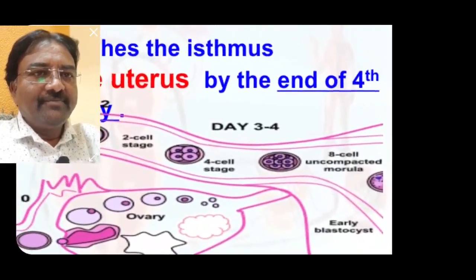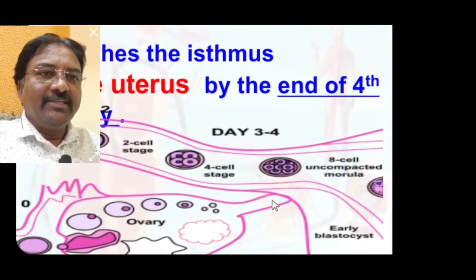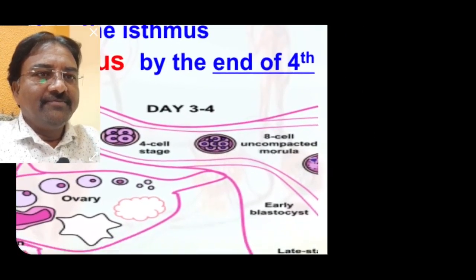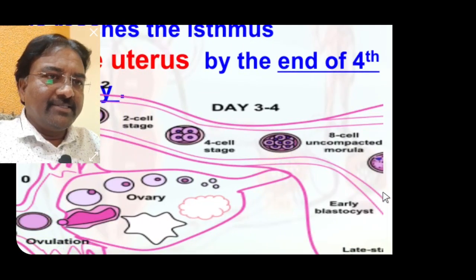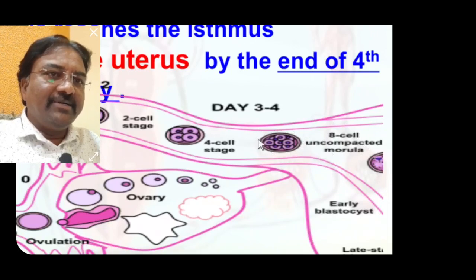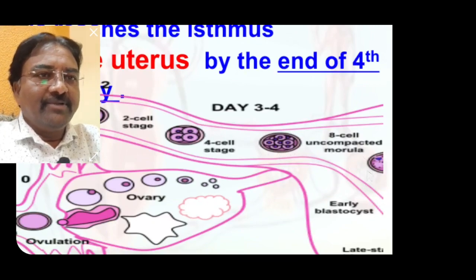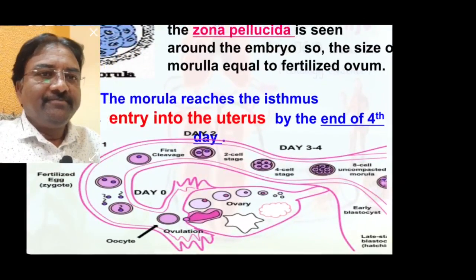Here the morula structure is seen. The uterus is connected to the isthmus part, so the morula is transferred into the uterus, and blastulation follows.